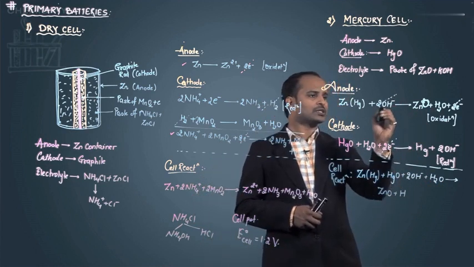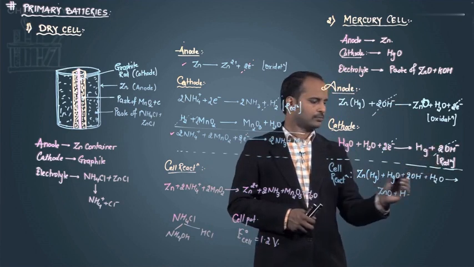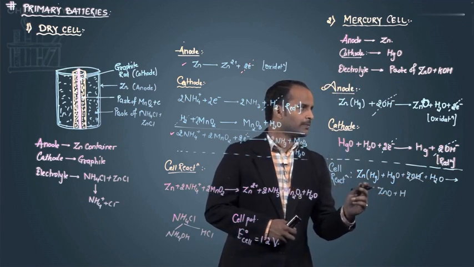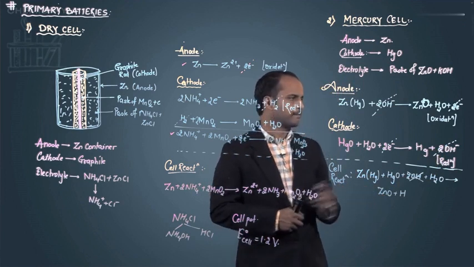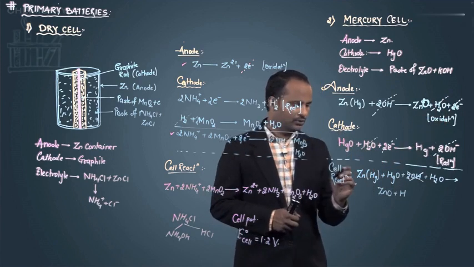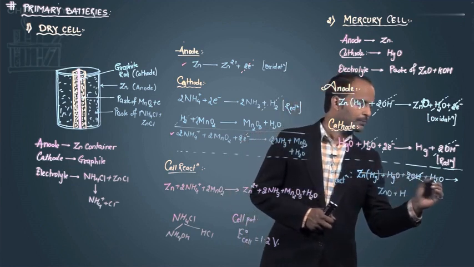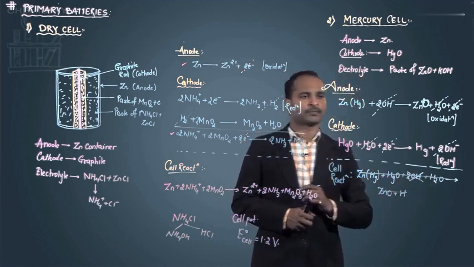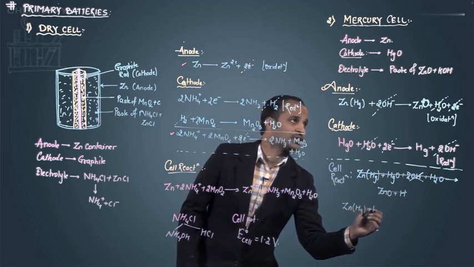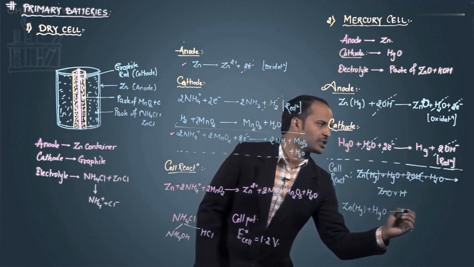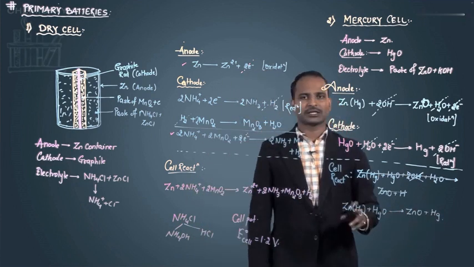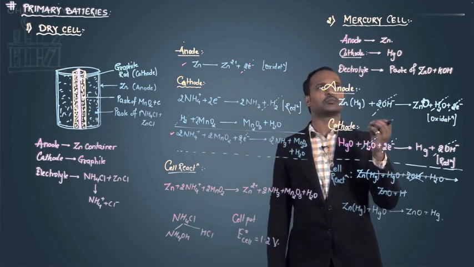The OH minus ions also get cancelled, and H2O is also getting cancelled. So I'm writing it again: zinc plus HgO gives zinc oxide plus Hg. Finally, this is the reaction we get in a mercury cell.